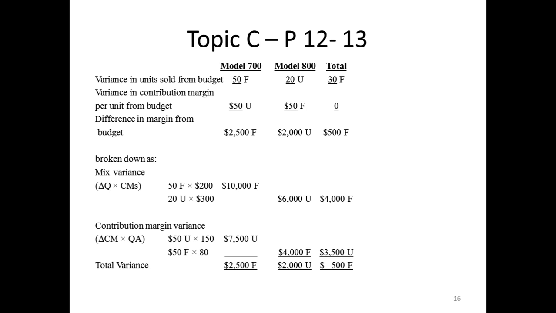And the dropping of the price for Model 700 was brilliant, because it did increase the sales extraordinarily high, and she cleared 2,500 favorable off that alone. So that's the end of the Advanced Variance podcast.